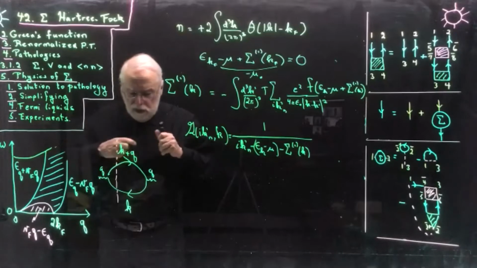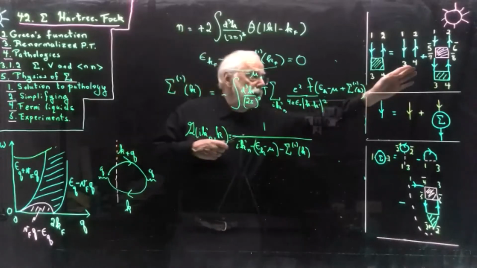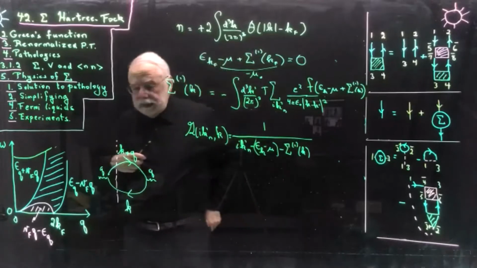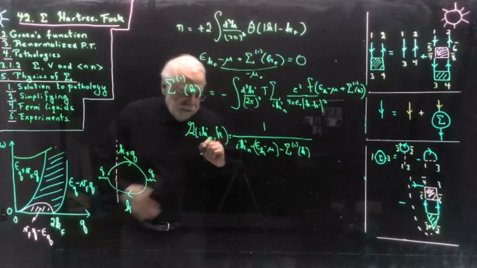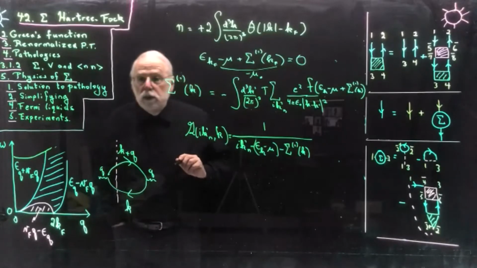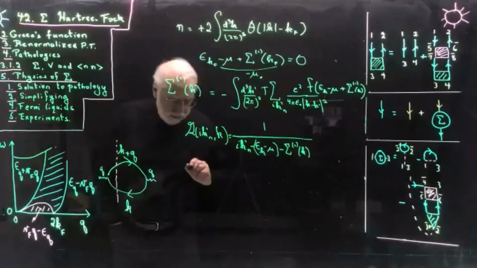So one thing I want to say is that, if we go back to the density correlation function, and we were to just do perturbation theory in powers of the interaction, what would happen?